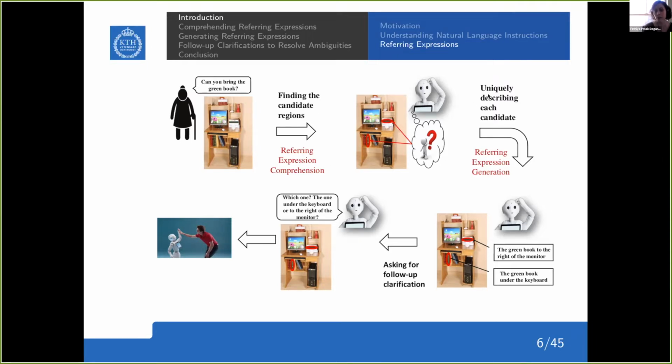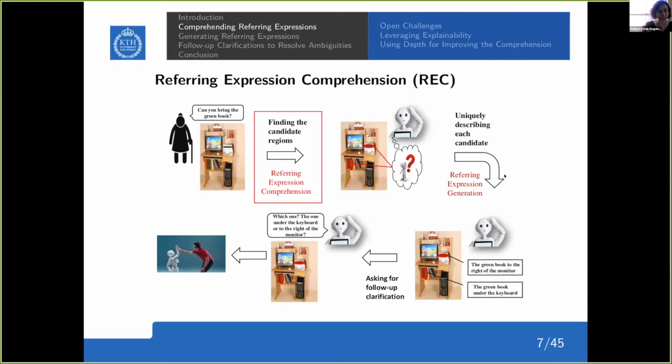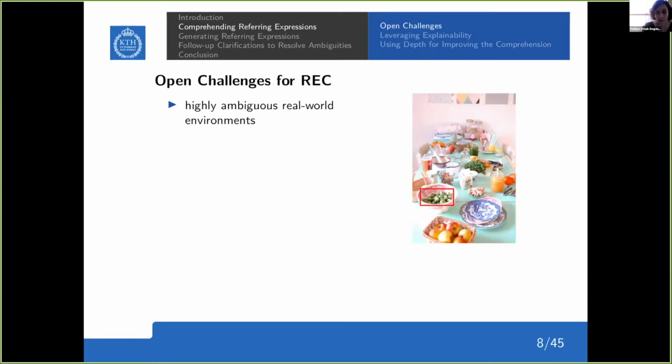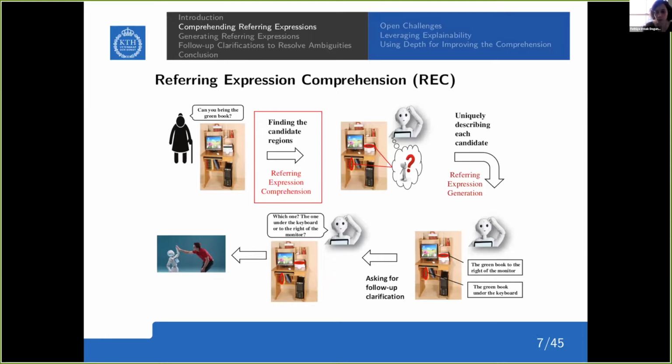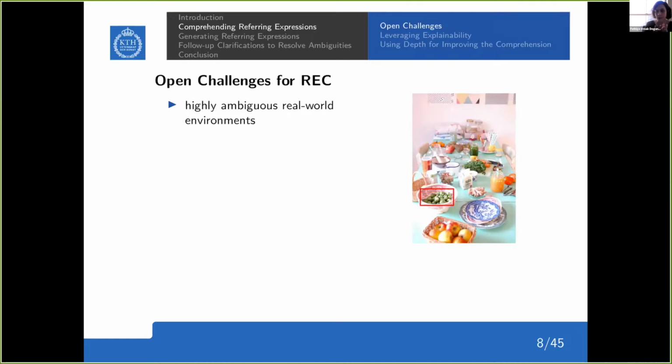And the second part, uniquely describing each of these candidates, would correspond to referring expression generation. And let's start with referring expression comprehension. In this presentation, for the sake of time, I'm gonna just skip the literature review and just start by focusing on what the open challenges are in these items and how we aim to address them.